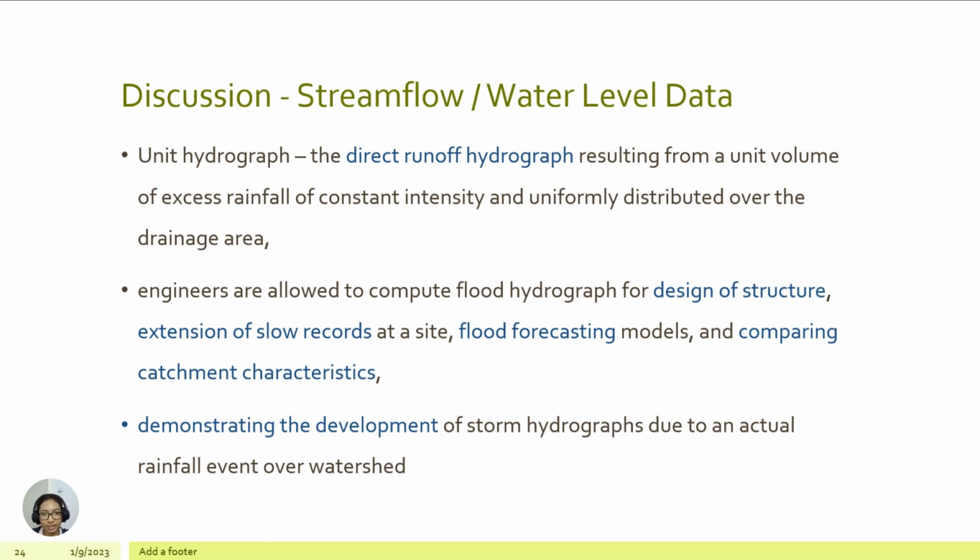For us engineers, it allows us to compute flood hydrographs for design structures, extension of flow records at a site, flood forecasting models, and comparing catchment characteristics. From unit hydrographs, we can demonstrate the development of storm hydrographs due to an actual rainfall event over a watershed.